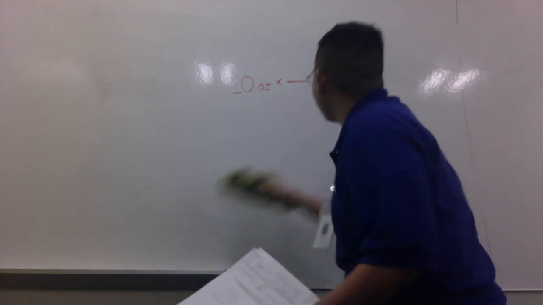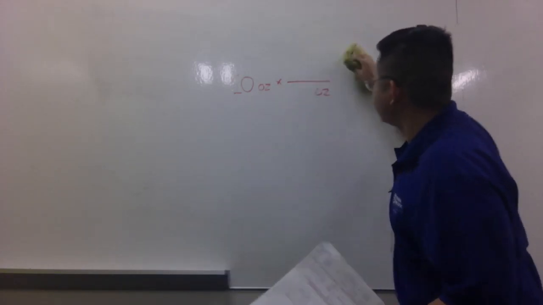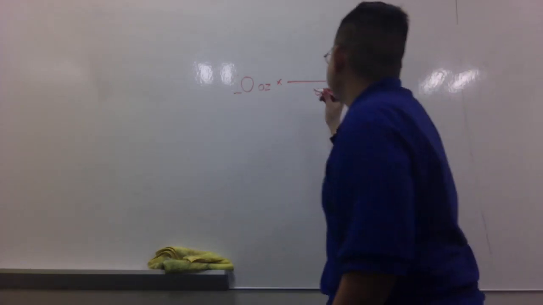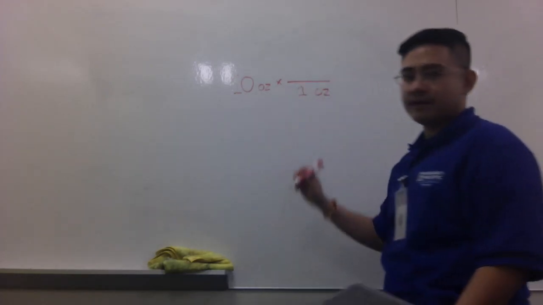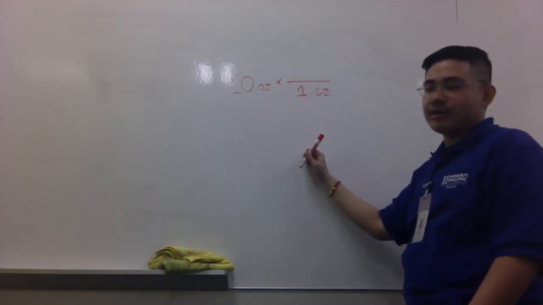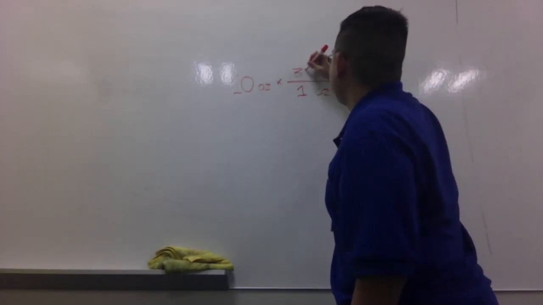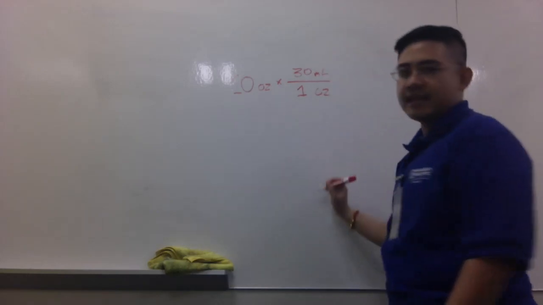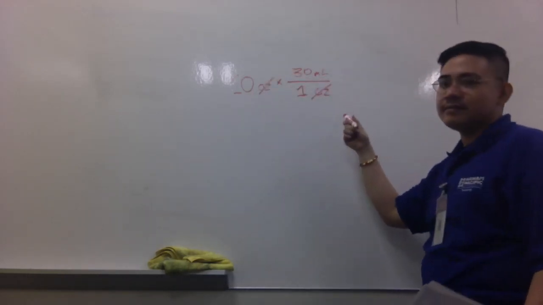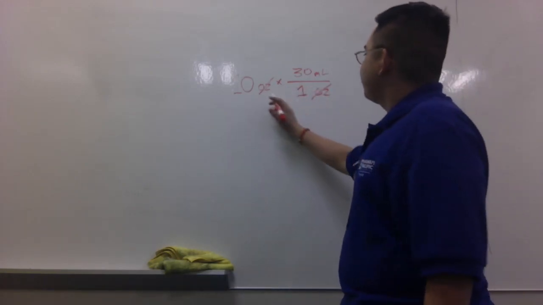Correct, we put it on the bottom. As I mentioned earlier, 1 ounce is 30 ml. So we put 1 over here, see the number 1, and then we put 30 ml on top. Now, all we do is cancel out the ounces. Always put them on the bottom.